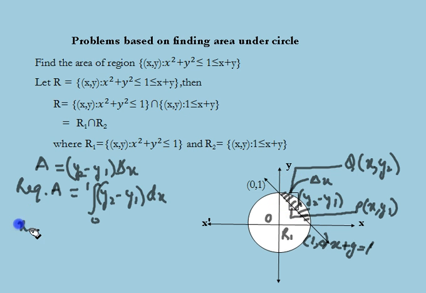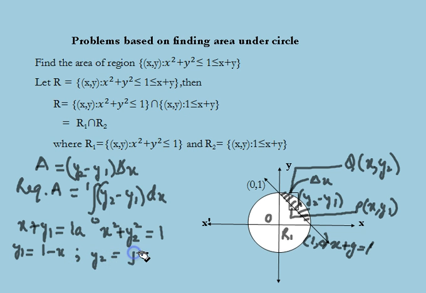Therefore x + y1 = 1 and x² + y2² = 1. So we have y1 equal to 1 minus x and y2 equal to the square root of 1 minus x².